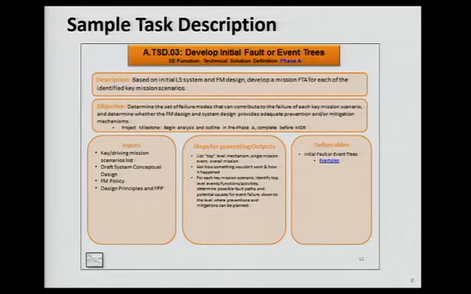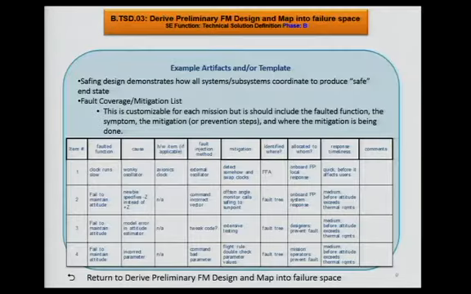And then for these deliverables, we might have examples from previous missions or even a template. Here's what we expect to see at the end of this task. You shall produce this product. And this is an example of one of those products. So here we're showing an example artifact or a template.